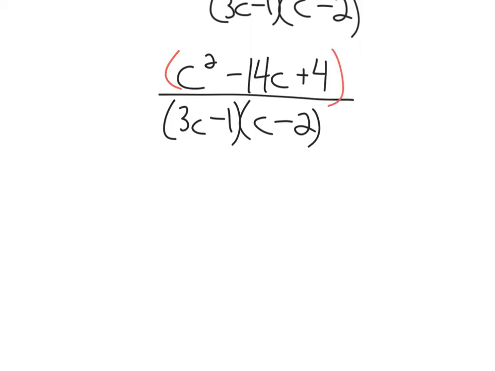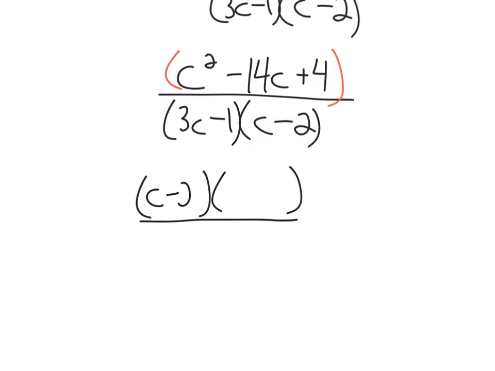Since we have a trinomial in the numerator, there is an outside chance that that could be factored. I'm not going to write the denominator here, but notice there's no way we could get this 3c minus 1. We just have a c squared. We don't have a number in front of it, so I can't get a 3c in one of the binomials, but potentially I could get a c minus 2.